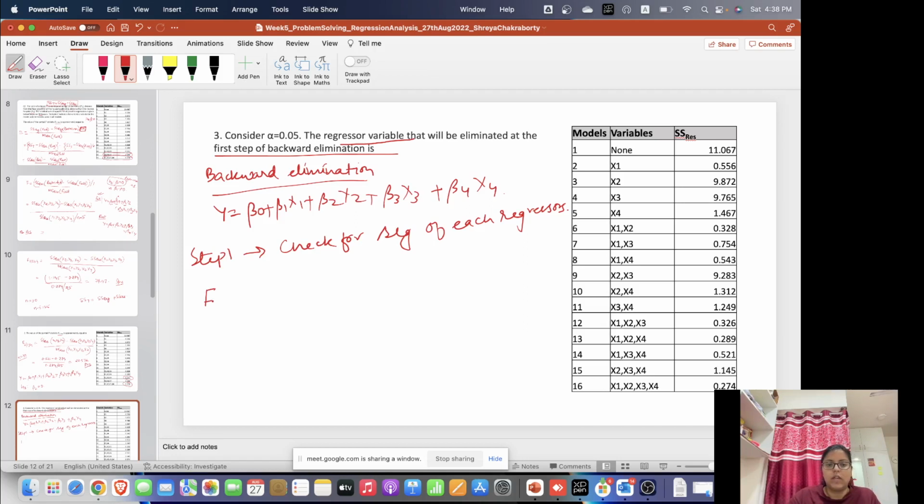So we will have to find out F1 given 2, 3, 4 are in the model, F2 given 1, 3, 4 in the model, that will test the significance of beta 2. Similarly, F3 given 1, 2, 4 and F4 given 1, 2, 3. So from each of these variables we'll see whichever is the smallest value and which is less than the F threshold, which will turn out to be insignificant, that one only we will exclude in our first step.